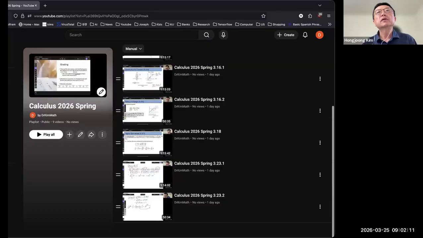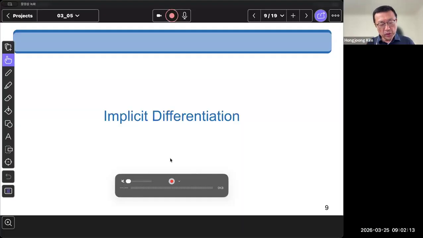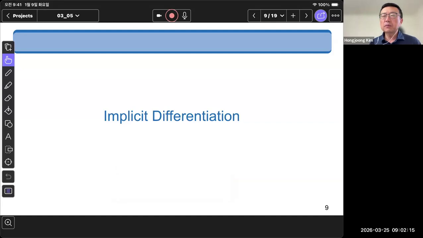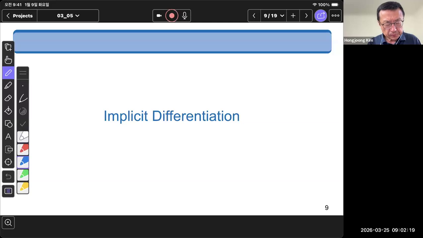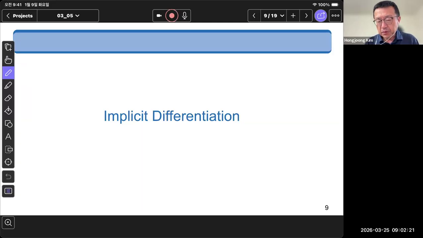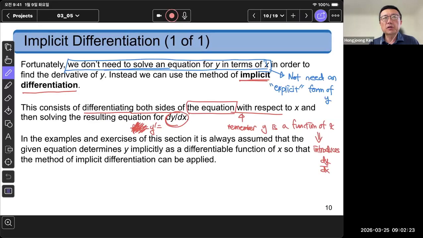And then let's go back to our regular class. We considered implicit differentiation. Implicit differentiation considers the differentiation of a function when the function is defined implicitly.